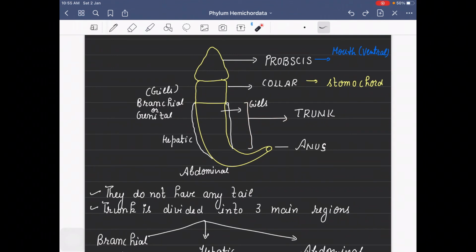Now a skin-like flap structure is observed on the outer area of the trunk. Here there are different parts which you will observe in the trunk. One is the branchial or genital area, because they have gills, then the hepatic area, and the last portion of the trunk is known as abdominal.